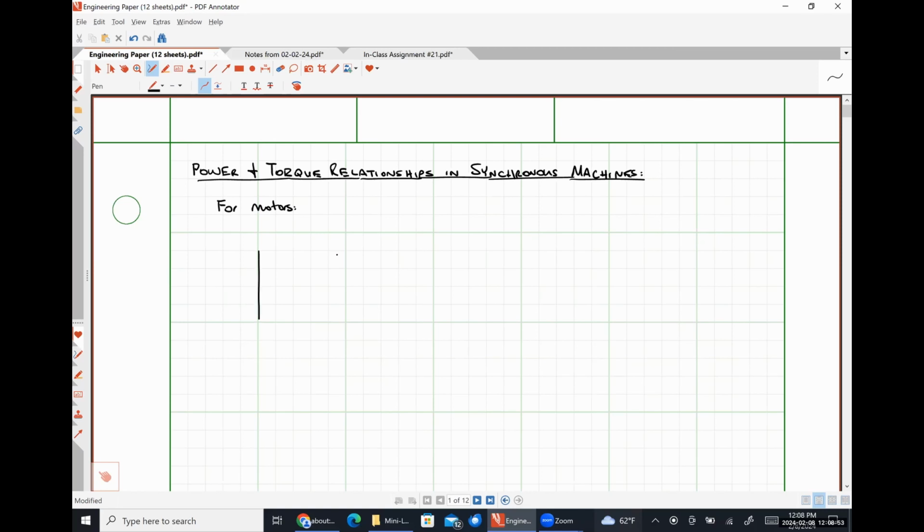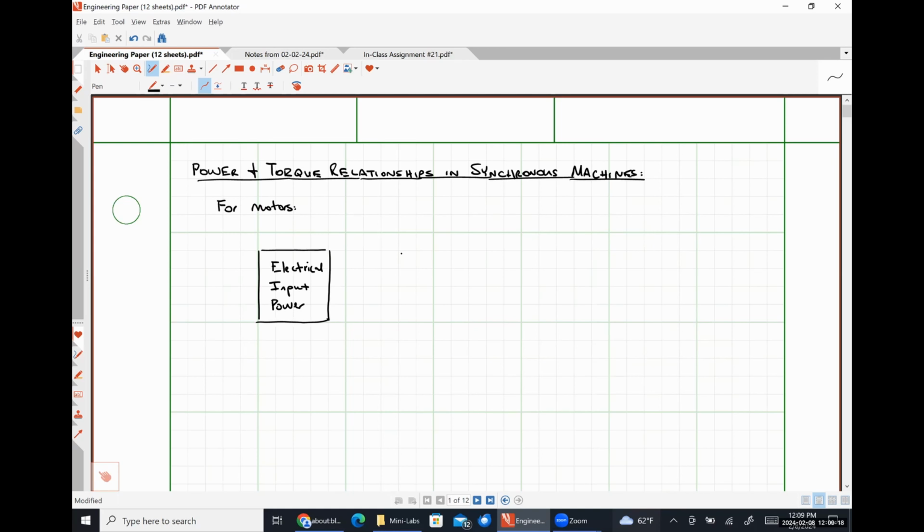So over here on the left-hand side, we'll have our electrical input power. We'll hit you guys with some math for this in just a moment.